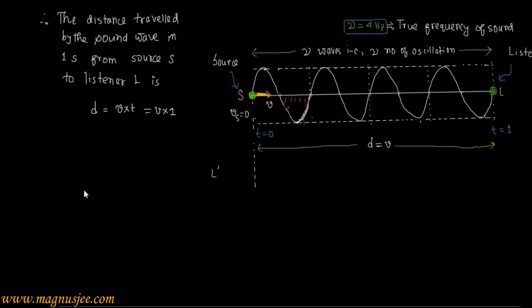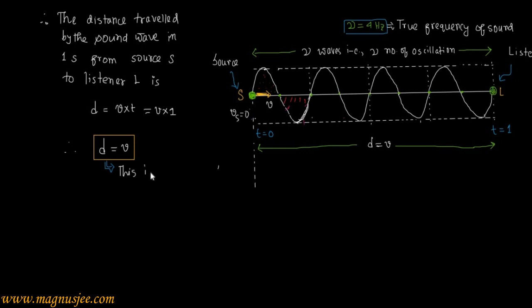Therefore, d is equal only to v. That is the distance traveled by the sound wave from the stationary source to the stationary listener in the interval of time 1 second, within which new number of oscillations are contained.